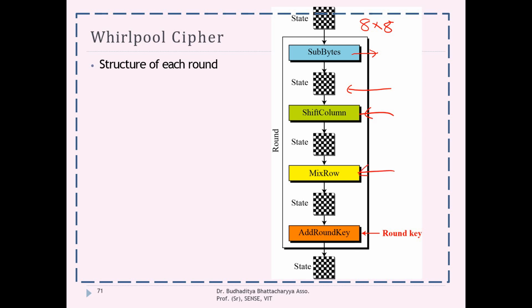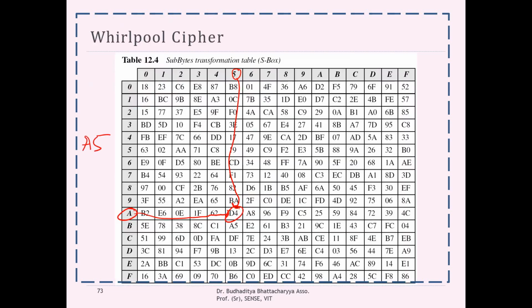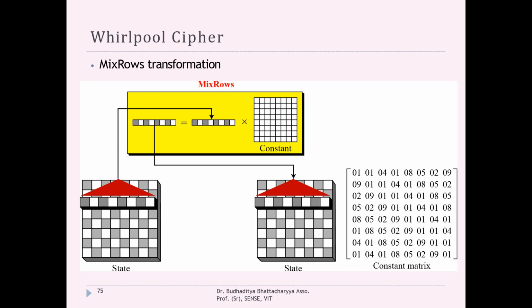Same way, we have something called mix rows, similar to AES. Remember in case of AES, it was the mix column matrix, and there also we had a predefined template, 2, 1, 1, 3 or something, 2, 3, 1, 1, like that it goes on repeating. Same matrix over here. This is my template which is given at the transmitter. The receiver will also have a similar kind of structure, but as it is not required, we have not given it here.